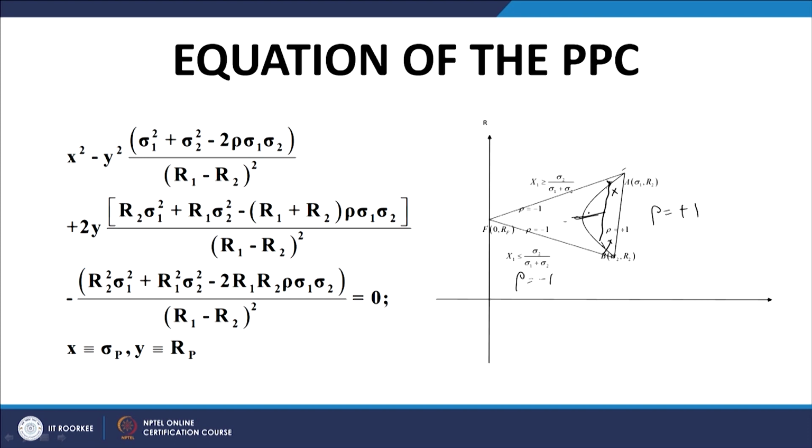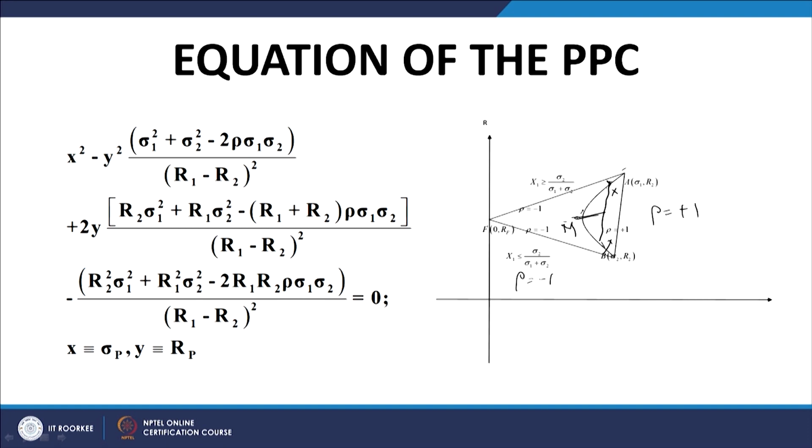Similarly, if this point is called M, this is the point of minimum variance. At this particular point, given securities A and B, there is a unique combination such that the variance of that combination, x A plus x B in a certain proportion, has the minimum variance.